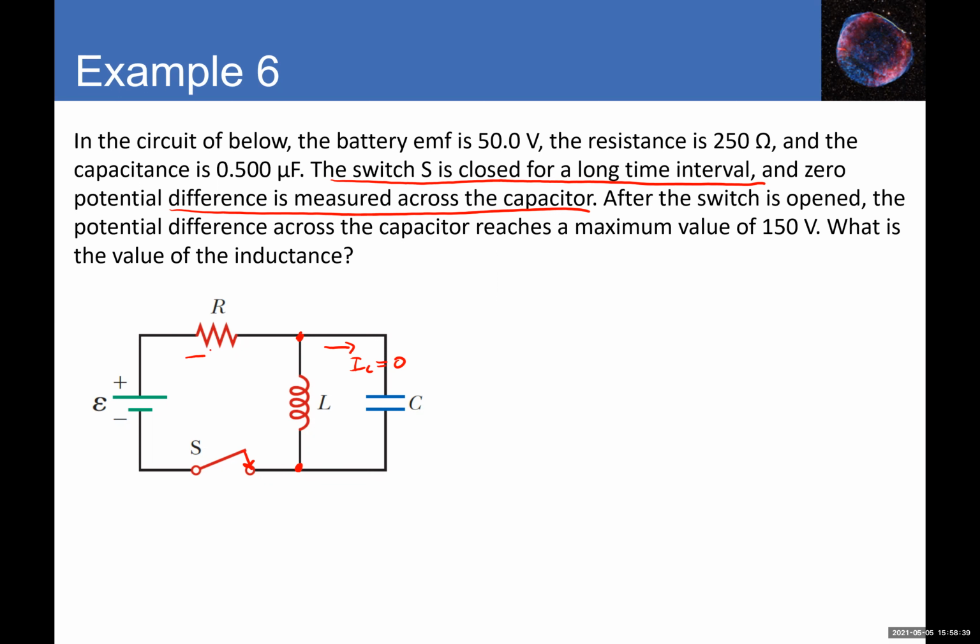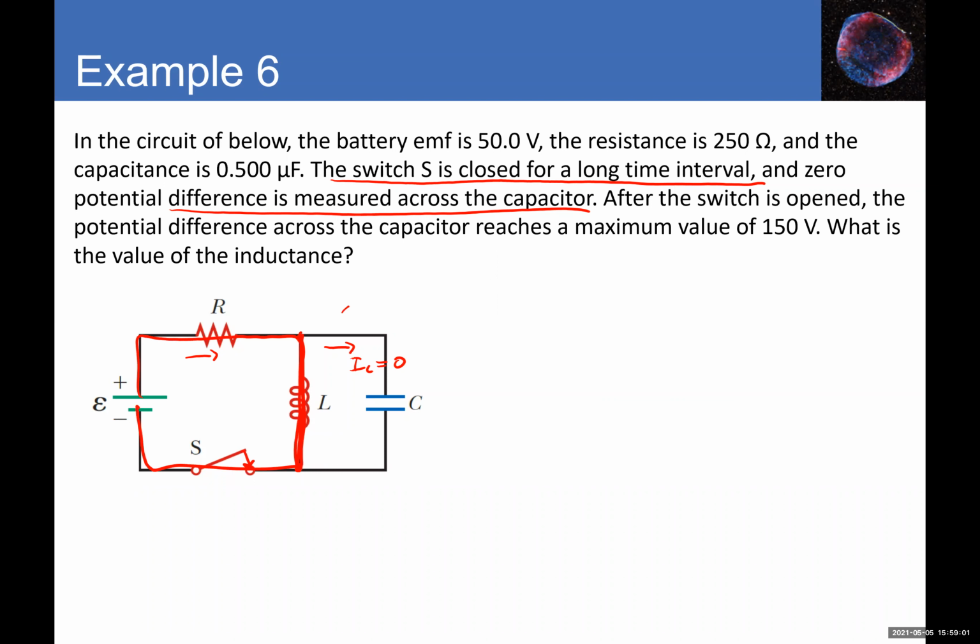But there is a current here, and because it's been closed for a very long time, that means the inductor also doesn't oppose the current because it's already reached its maximum value. So this inductor basically acts like a wire. So what we have is a resistor connected to the battery, pretty much like that.